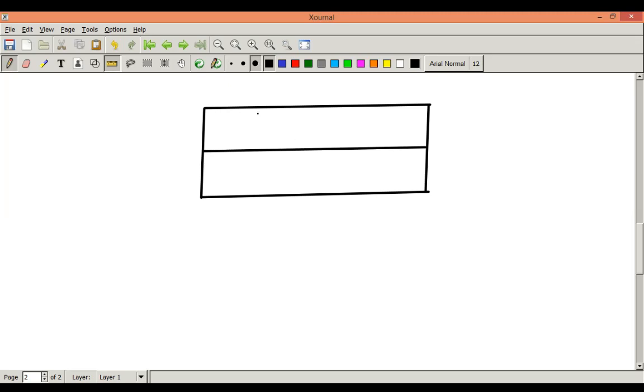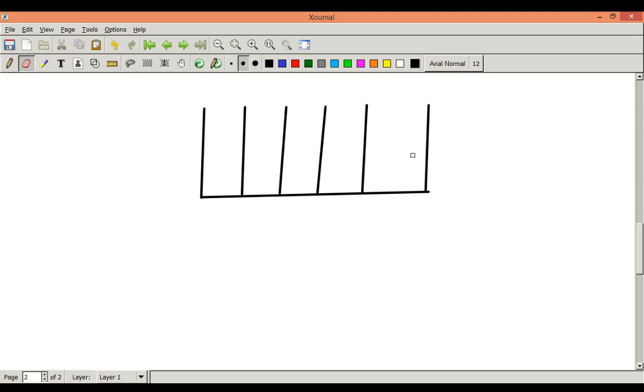See if I can get this looking kind of nice here. I have to erase part of this. Didn't work out too well. Okay. Let's draw this back in there. Try to make all those pieces the same size.